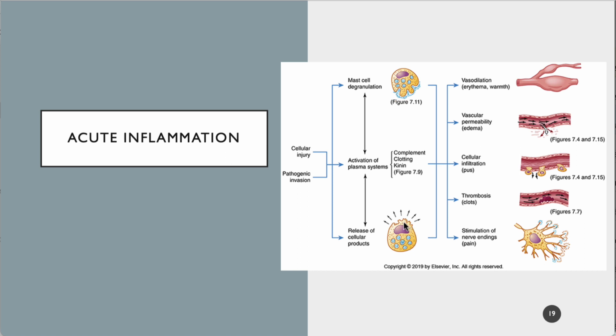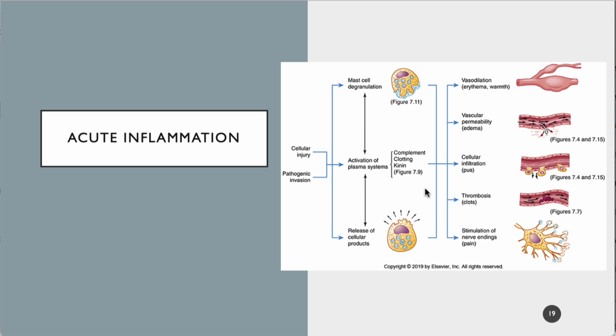And so this release of cellular products like histamine is part and parcel to this beginning of the inflammatory process. And in doing so, it activates these plasma systems, complement, clotting, kinin, and all these things together we give a name. So let's talk about that in a bit.